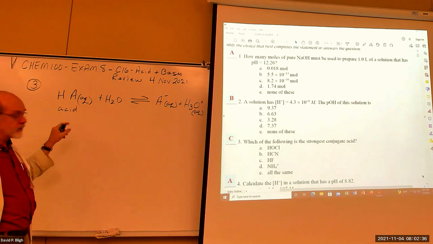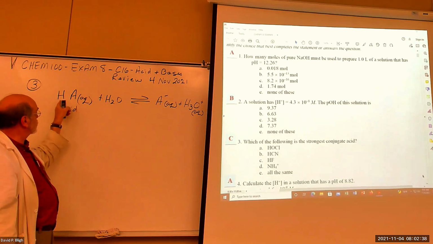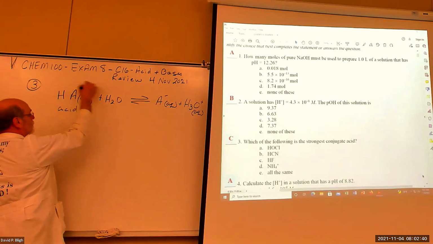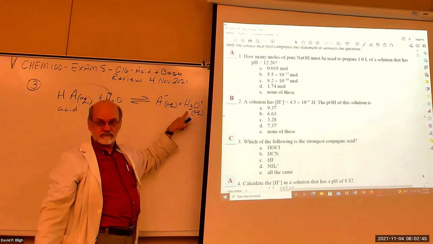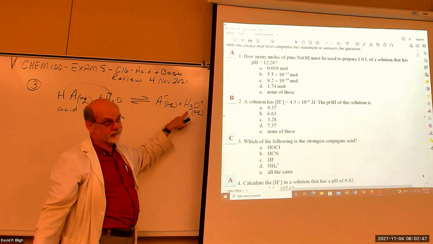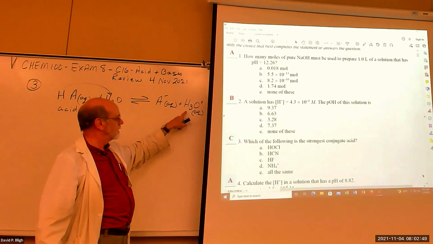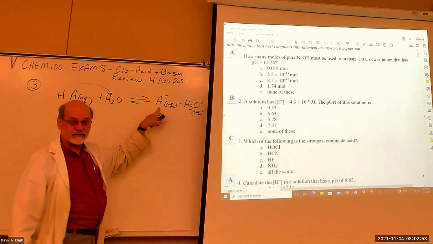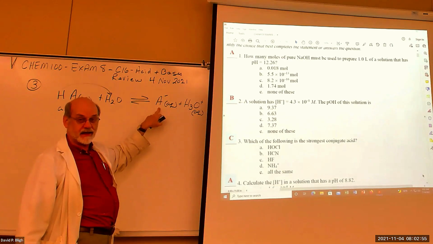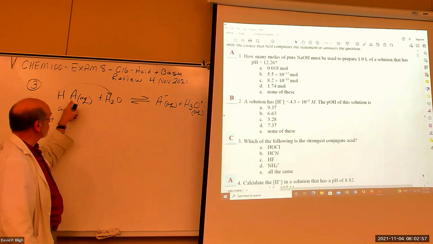When we put it in an aqueous solution, it reacts with water, transfers that proton to the water molecule, and that produces this special compound, the hydronium ion. And it leaves behind the negative, the anion of this part of the molecule.